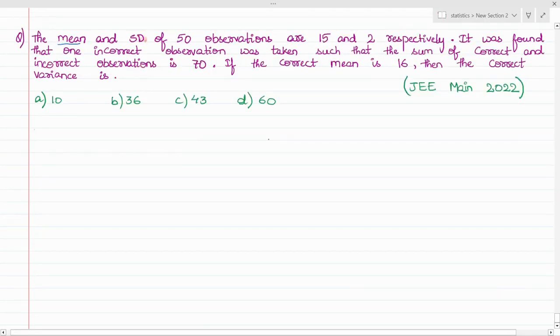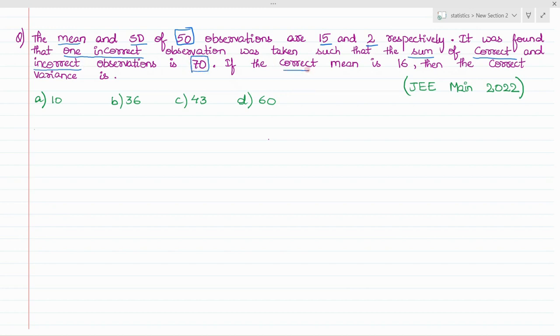In this question, the mean and the standard deviation of 50 observations are given to you, that is 15 and 2 respectively. It was found that one incorrect observation was taken, such that the sum of correct and incorrect observation is 70. If the correct mean is 16, then we need to find the correct variance. So let's write what is given in the question.